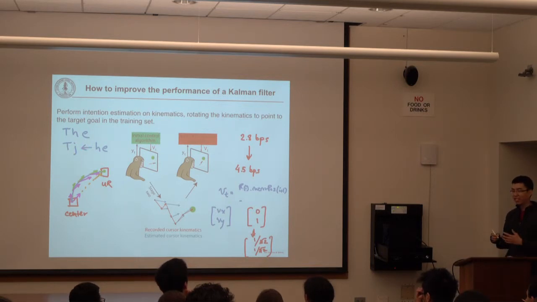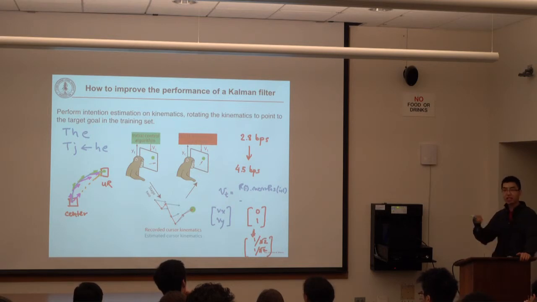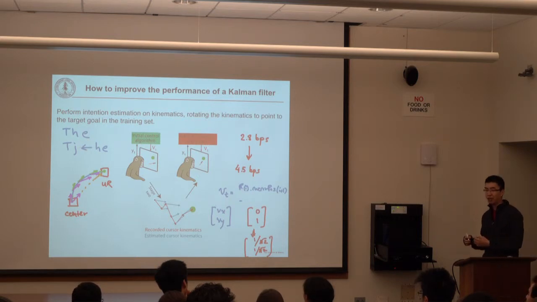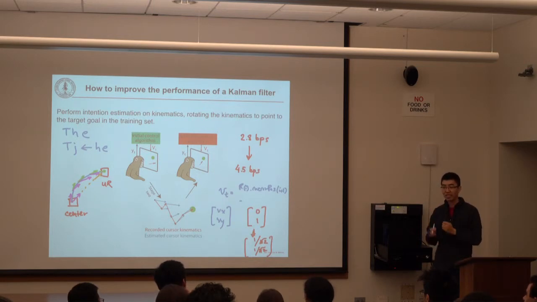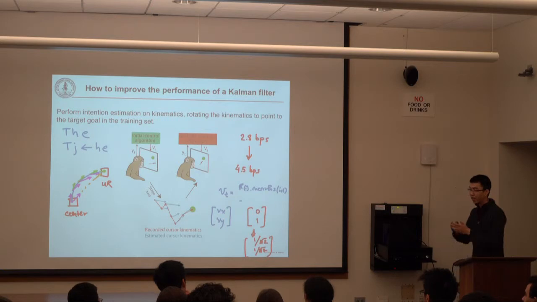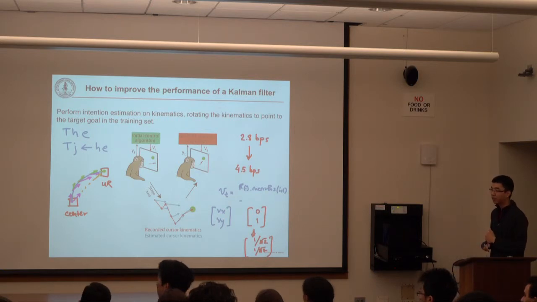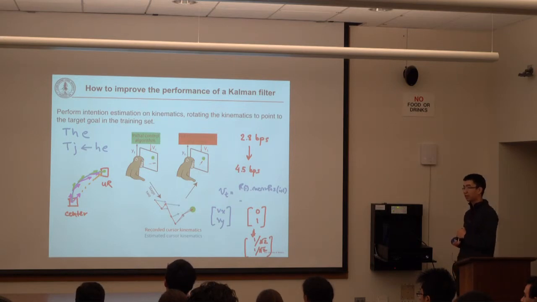So then you can see, OK, well, if I go into my data post hoc, I can see that T, she intended to type. H, she intended to type. Actually, also backspace, she intended to type. And from that, I can know what she was intending to go to. And then post hoc, I can go ahead and rotate all those velocity vectors to point towards those keys on the keyboard.